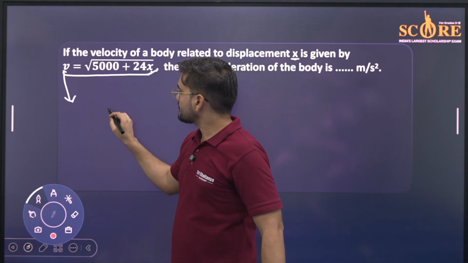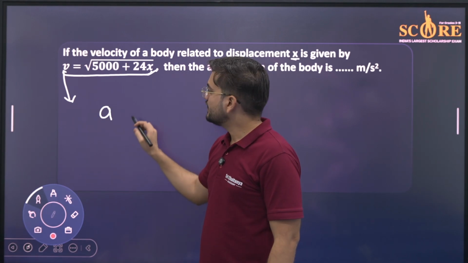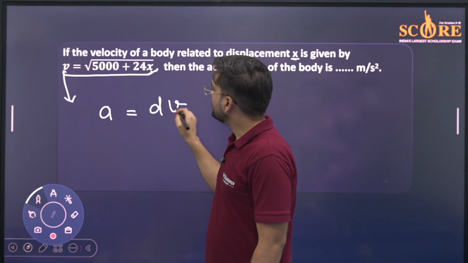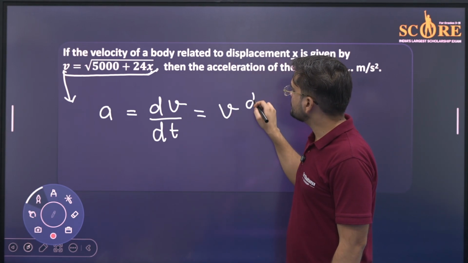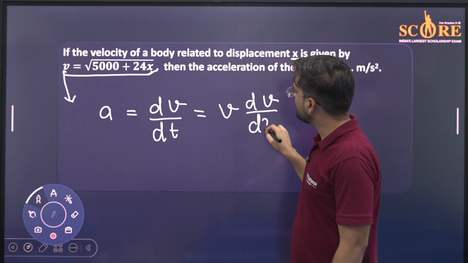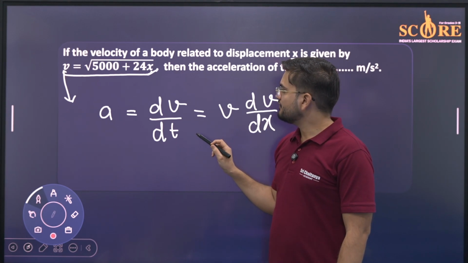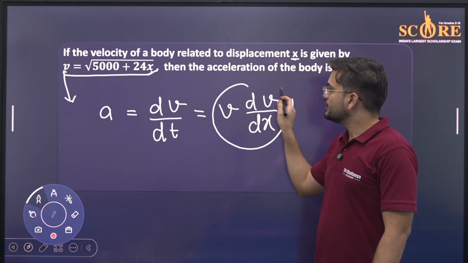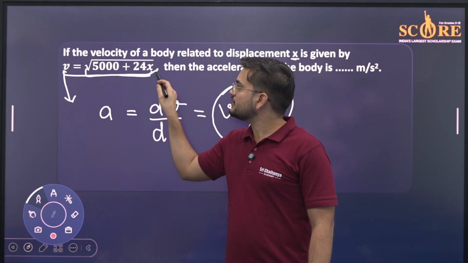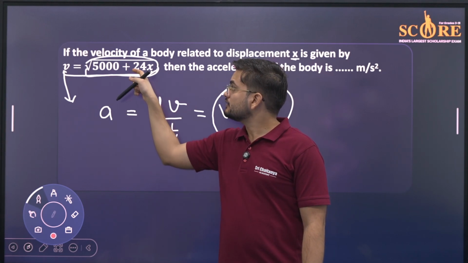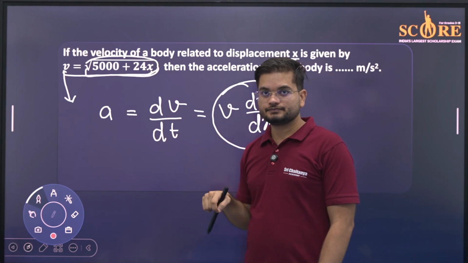अब what is the formula of acceleration? Acceleration is dv by dt, or another formula is v dv by dx. We will use v dv by dx because velocity is here as a function of x.